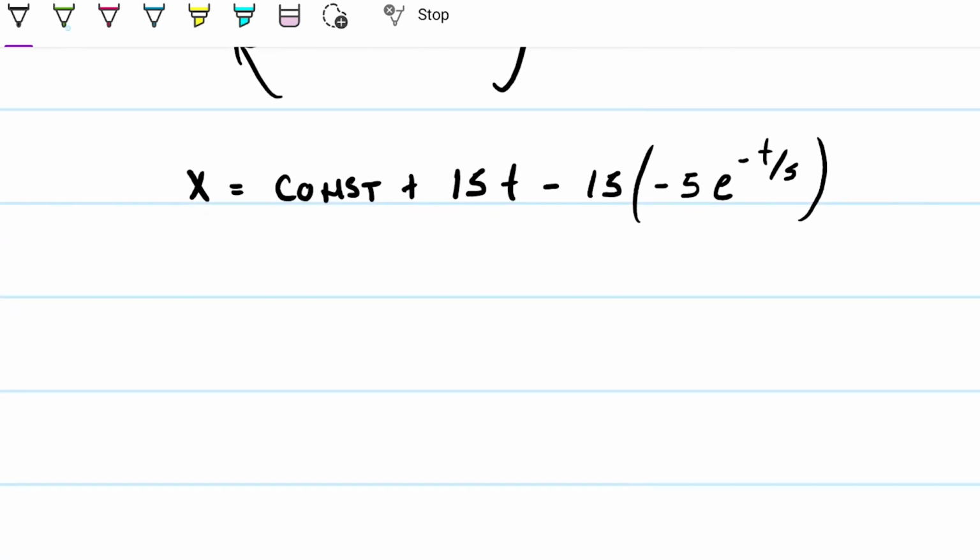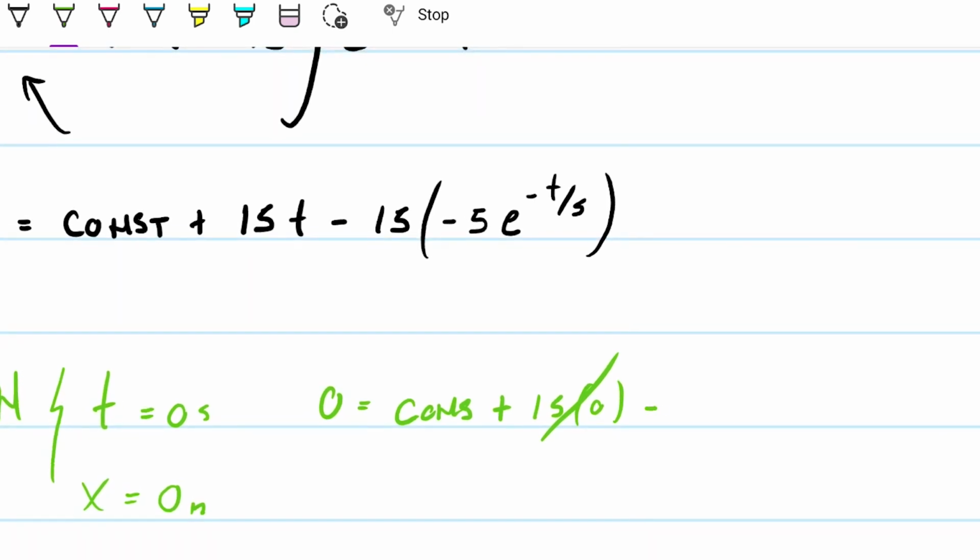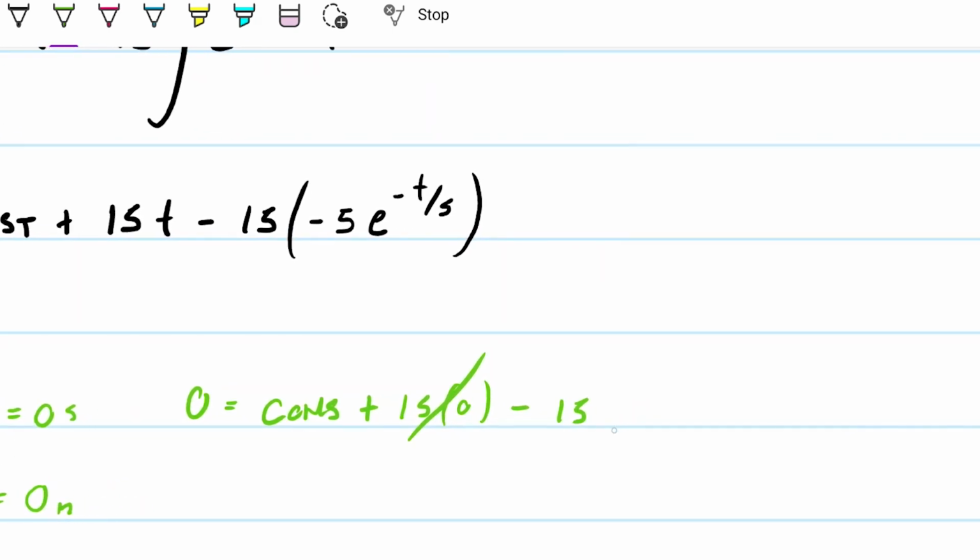Once again, boundary conditions. When my time is 0 seconds, my position is 0 meters. So if that's the case, then 0 has to be equal to that constant plus 15 times 0, so this goes away, minus 15 times minus 5 e to the 0.